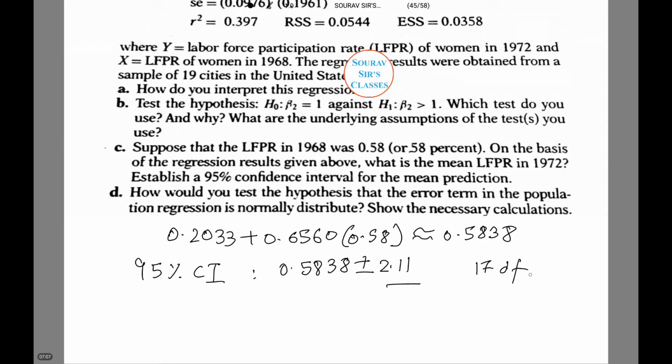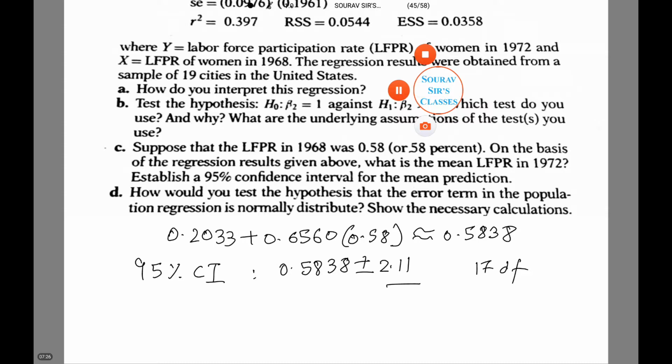To get the standard error of the forecast value, we use the formula. Please note that since the authors do not give the mean value of the LFPR of women in 1968, we cannot compute the standard error.